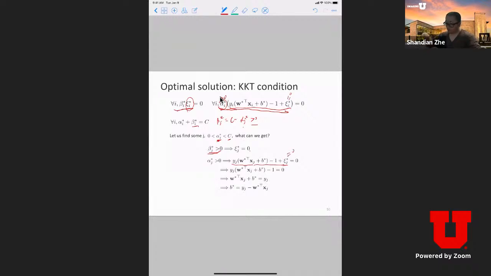So just get rid of it. Now we have only W star and b star left. W star has already been recovered, and then we can immediately get b star, the optimal value of b, which is to subtract the label y_j by the inner product between the optimal w vector and the input vector x_j.